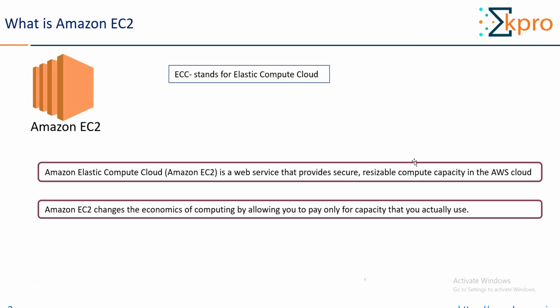And tomorrow if you are doing your application testing and it doesn't require it anymore, it will be kept there with no use, but we have already invested that much amount in the hardware. Here, use the virtual machine as per your need, and tomorrow when your testing is done and you don't want that virtual machine, terminate it. So it has changed the economics of computing a lot.